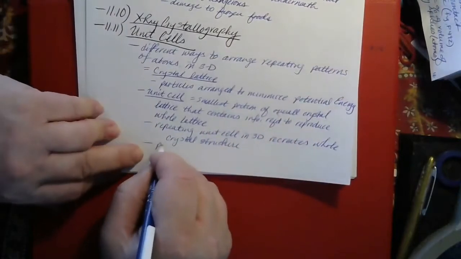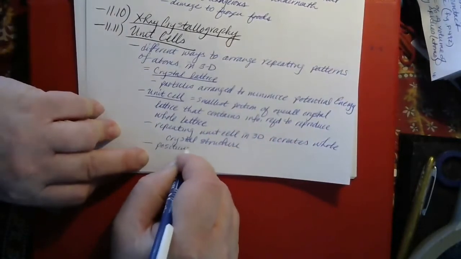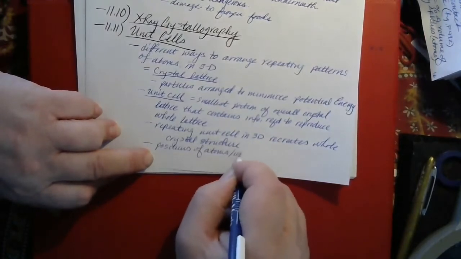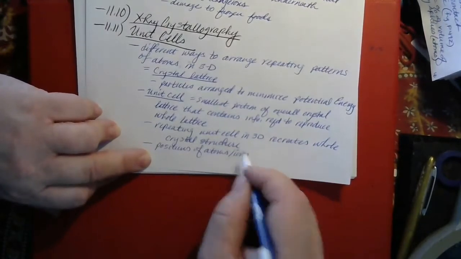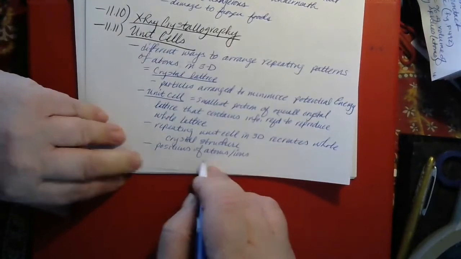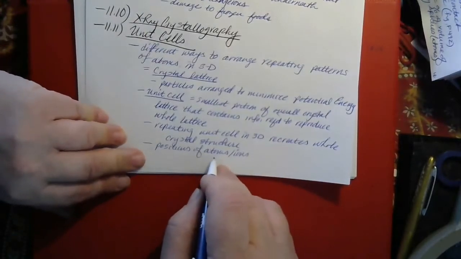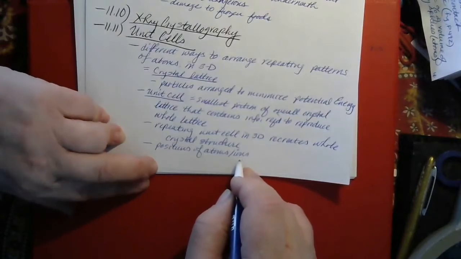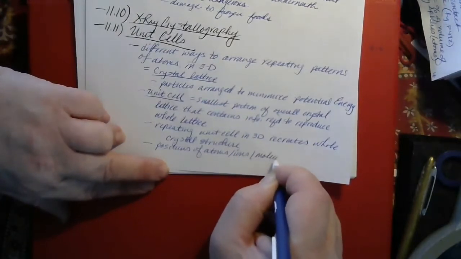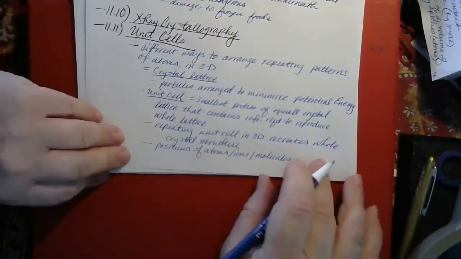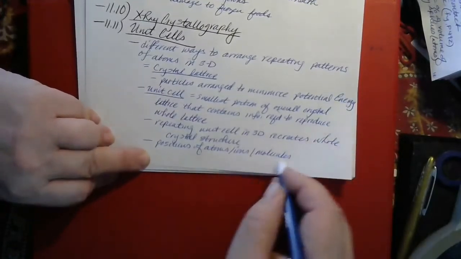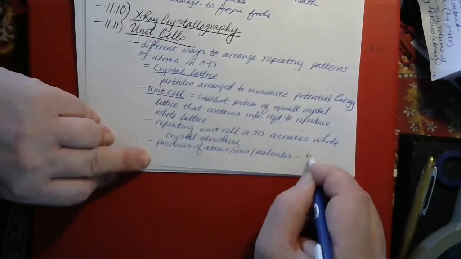The positions where something resides, like if it's a crystal lattice that's made up of atoms, then the places where the atoms are, or if it's made up of ions, the places where the ions are, or molecules if it's a molecular crystalline solid, these are known as lattice points.